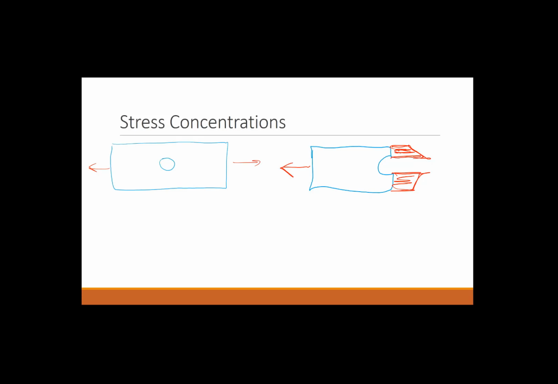And we can kind of look at the inverse of that. Okay, so we might have a dog bone shape.